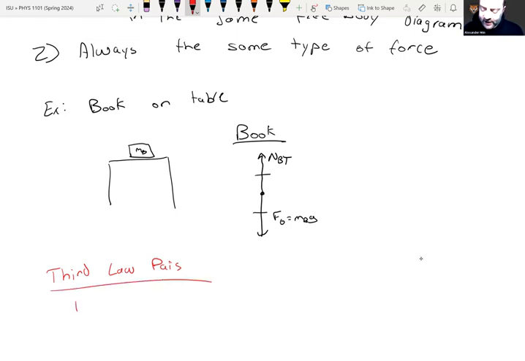Start with the force of gravity. The force, and I'll just do on the book of gravity. Okay, what is the third law pair of that one? Well, the main thing that you can do is say force of gravity, and I'll just say on book to be clear about that.